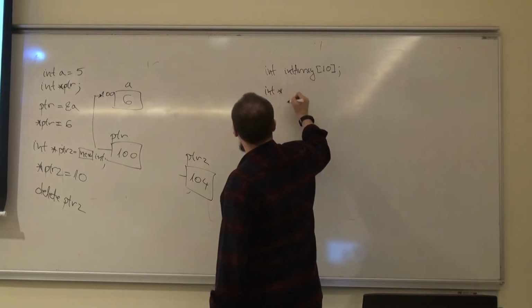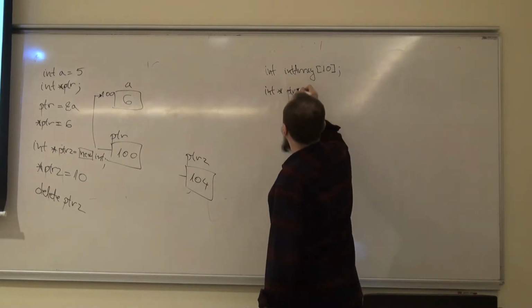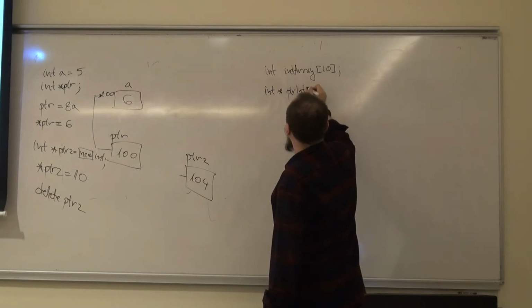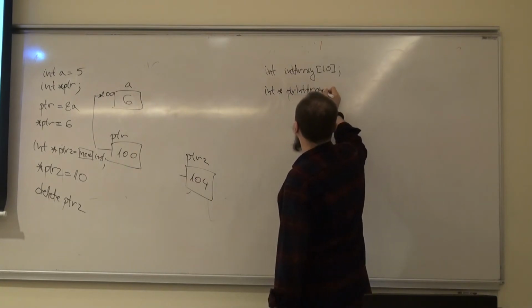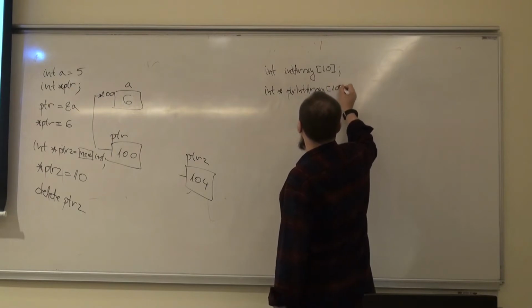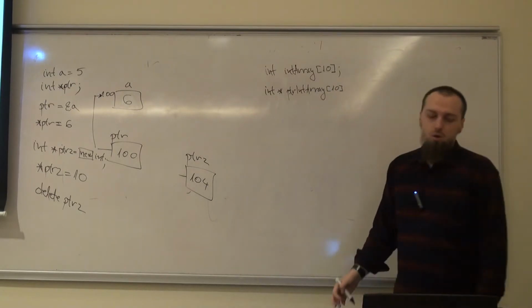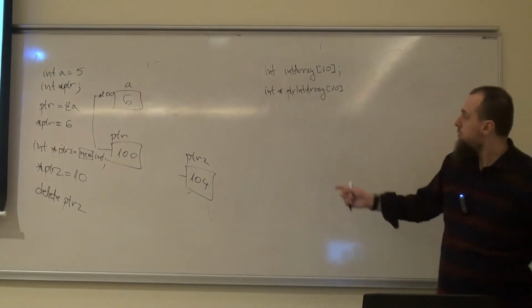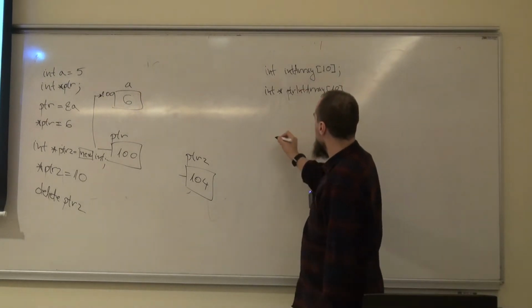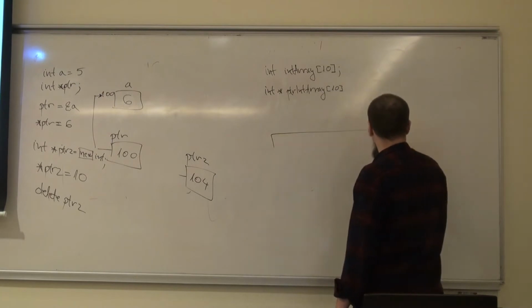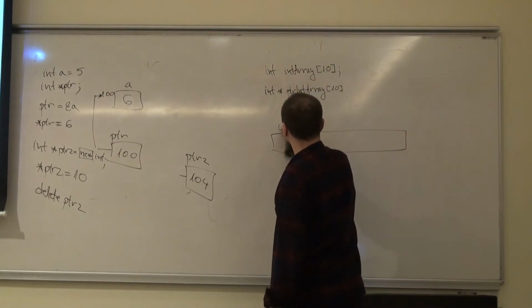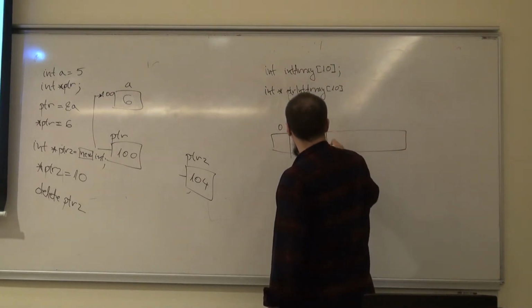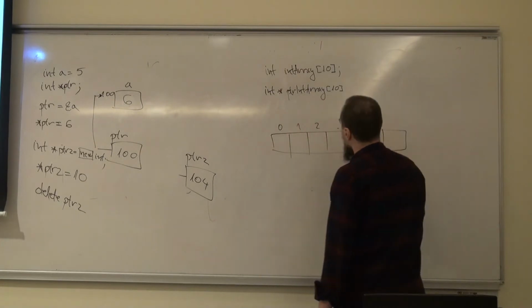So, PTR int array. I'm making up the names now. It's 10. We're going to see an example now where we will have an integer array. And here we will have some numbers, index 0, 1, 2, and so on.